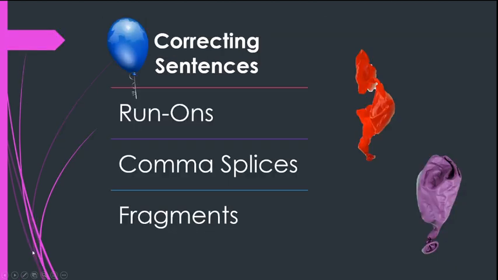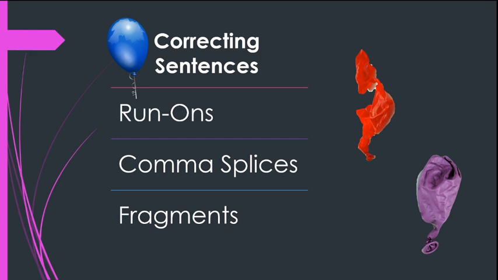All right, moving on to another topic that we discussed this semester, which was sentences and how complete sentences have 3 elements: a subject, a verb, and a main idea. And then we talked about how there's 3 incorrect types of clauses that don't have that or that have too much of that.